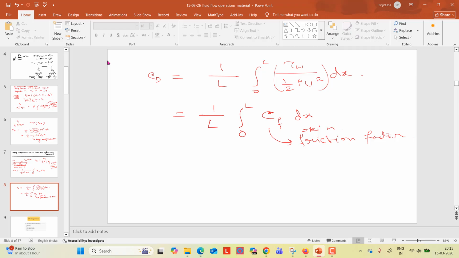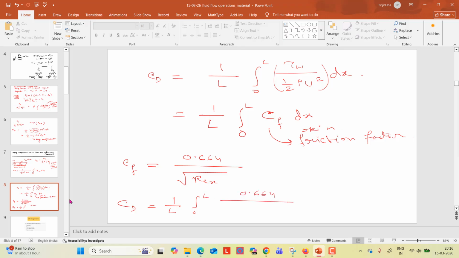Now you have learned earlier that for laminar flow, the CF expression is 0.664 divided by root under the Reynolds number for that particular position, right? So CD will be 1 by L, integral from 0 to L, of the expression 0.664.